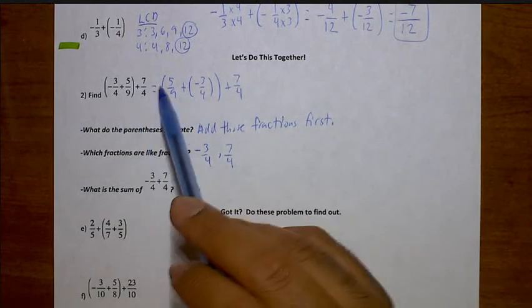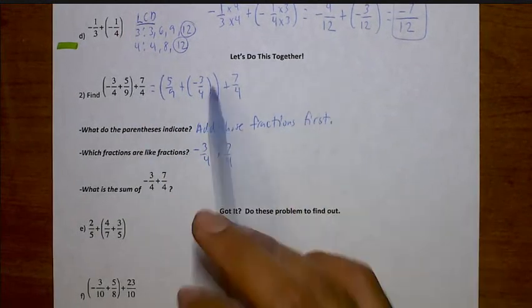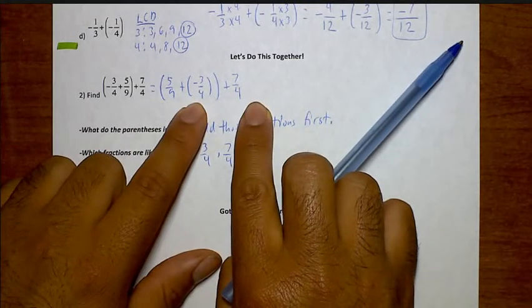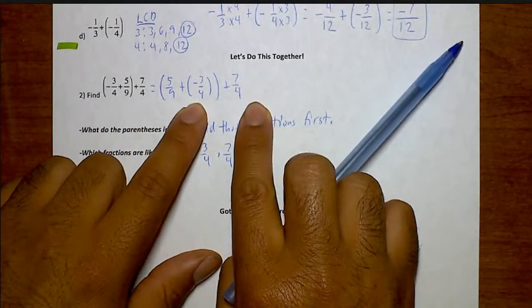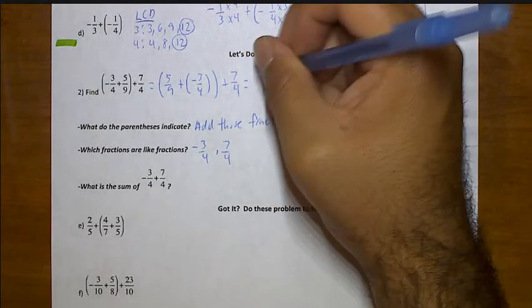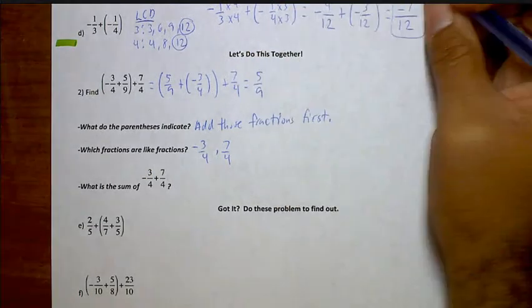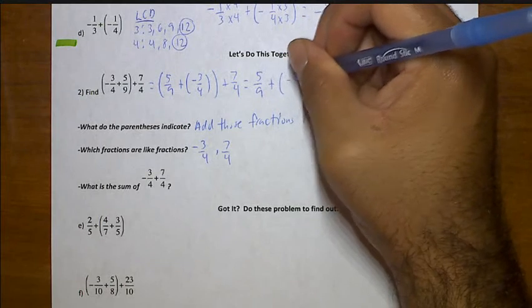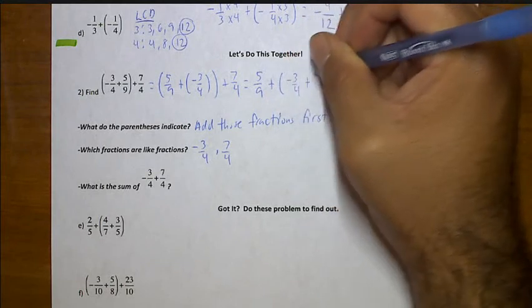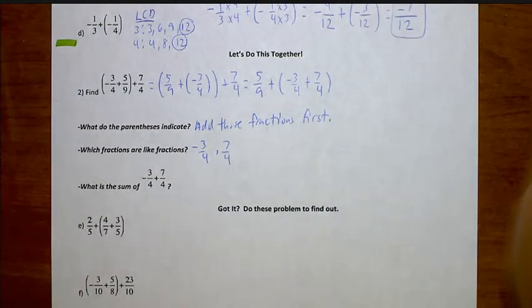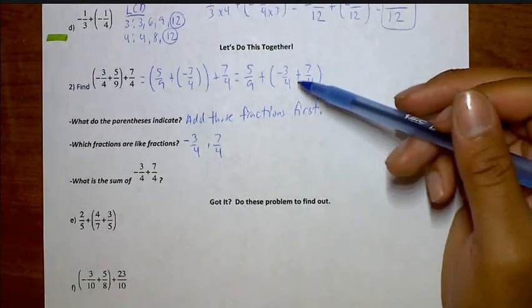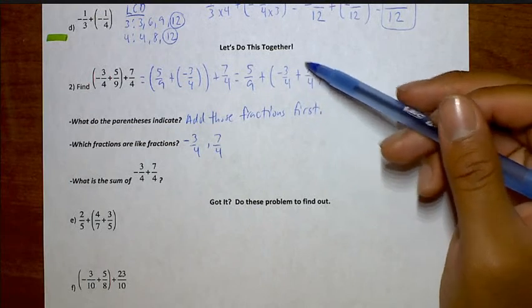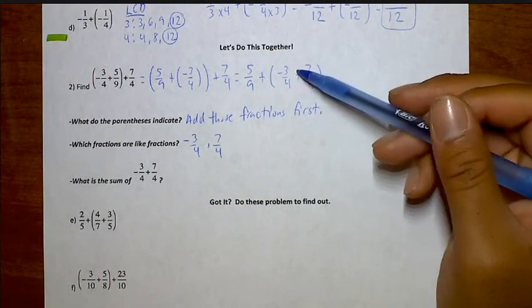Now I can go ahead and find what negative 3 plus 7 ends up equaling. So according to this, what is the sum of negative 3/4 plus 7/4? Well, integer addition rules: different signs subtract. 7 minus 3 is 4. 7 is further away from 0 than negative 3, therefore it stays positive. 4 over 4 is a whole.